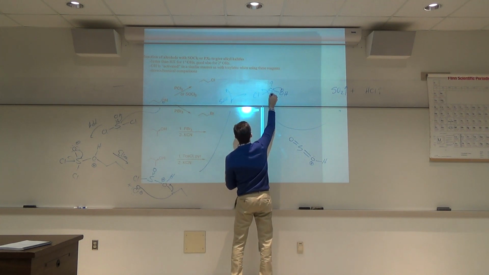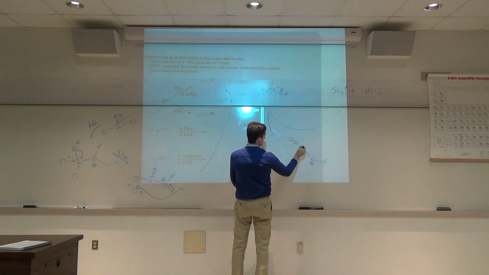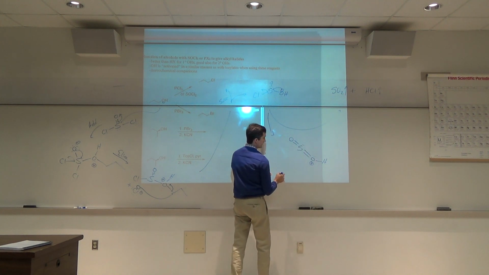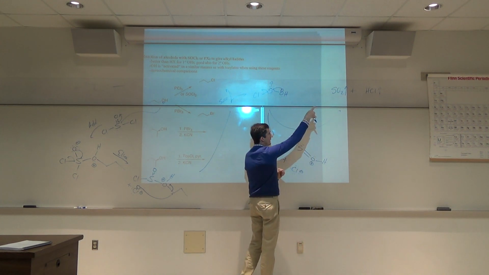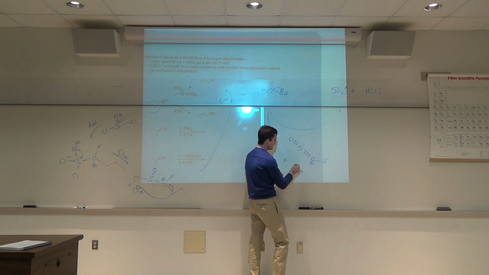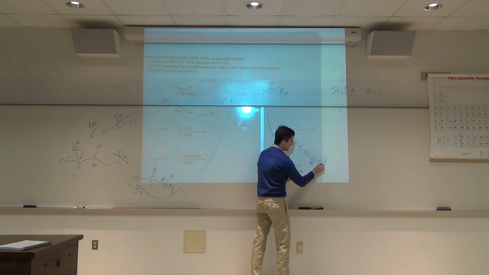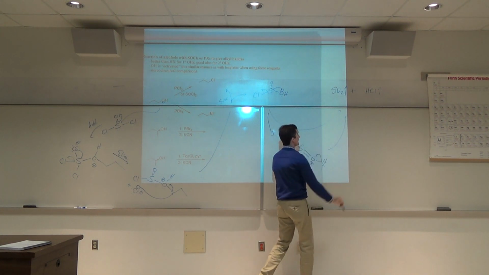By the way, there's a lone pair on every sulfur here. Sometimes I didn't drop it. There's a lone pair there. What else is here? Cl minus. Okay? Now, how do we get home? These electrons take the H, these electrons here, and there you go.